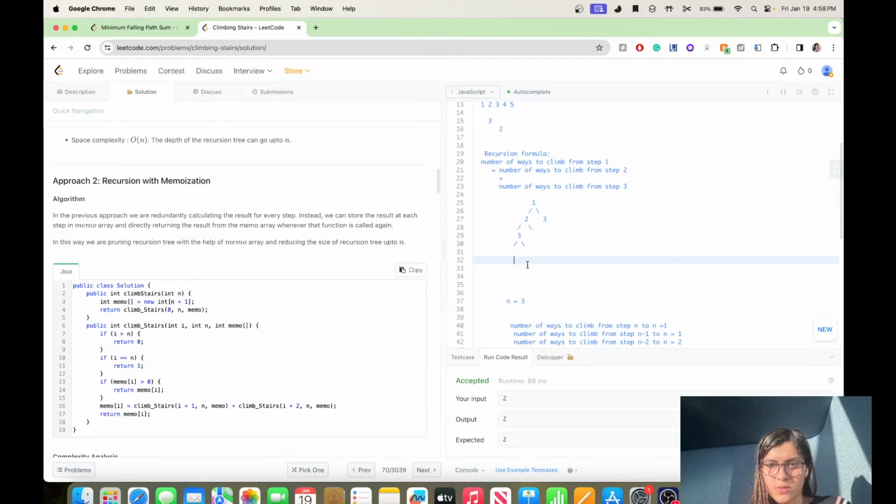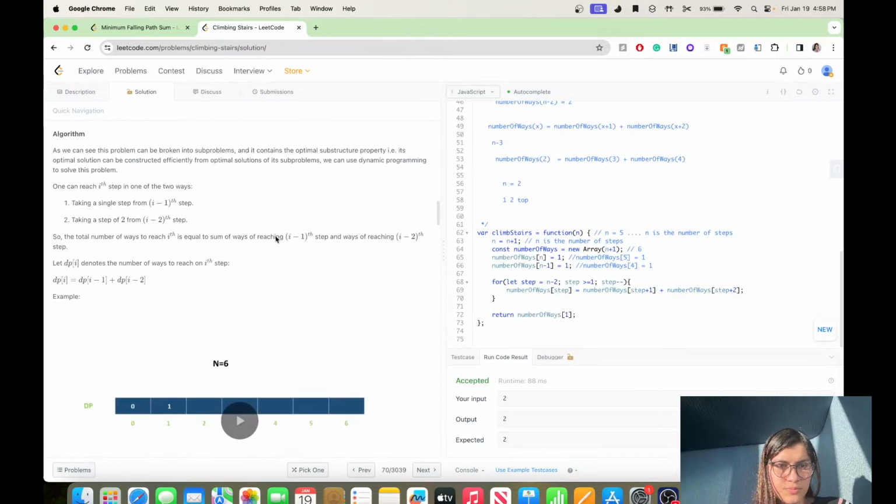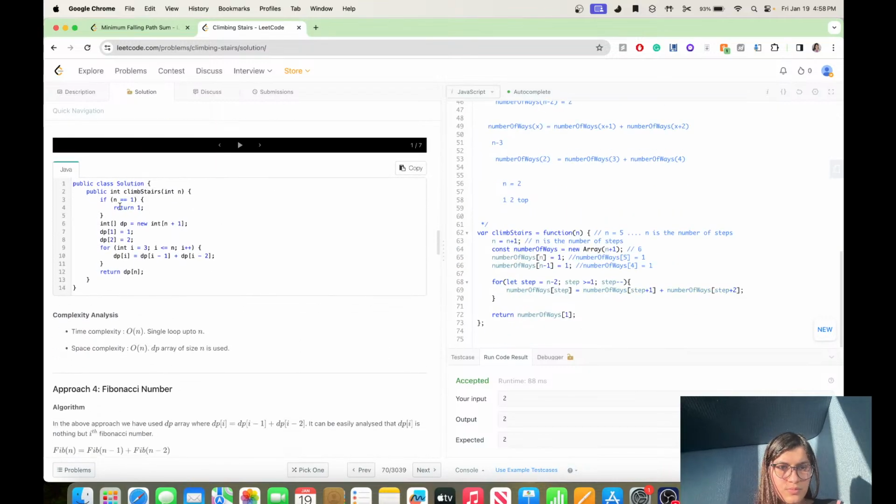But here I did from bottom to up. dp3 is equal to dp2 plus dp1, where dp1 is equal to 1.